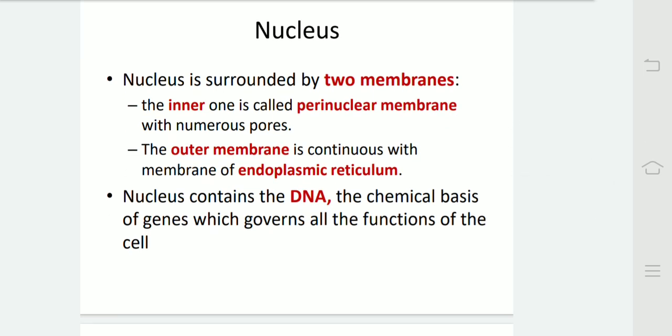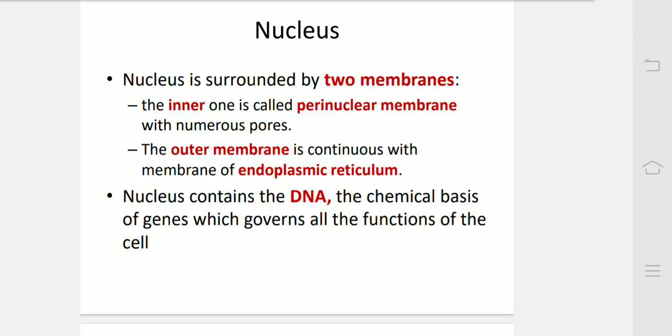The nucleus is surrounded by two membranes. The inner one is called the perinuclear membrane, which contains numerous pores. The outer membrane is continuous with the membrane of the endoplasmic reticulum. The nucleus contains the DNA, the chemical basis of genes, which governs all the functions of the cell.